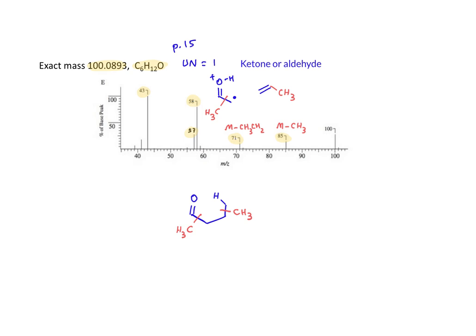Therefore, mass spectrometry must be accompanied by additional data such as infrared spectroscopy or NMR spectroscopy data in order to determine exactly which isomer of C6H12O is responsible for this mass spectrum.